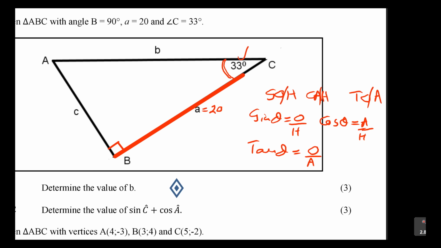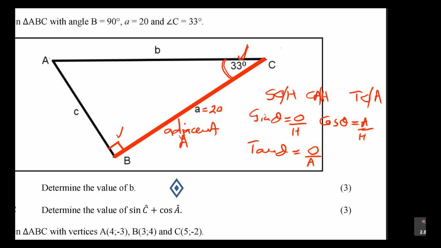What is important with this line? This line has the 90 degrees. It has got two angles. The 90 degrees lies on that line, and the 33 lies on that line. And when there are two angles like that, I call it my adjacent. That is my A, my adjacent.